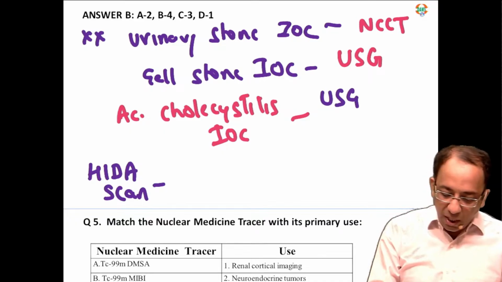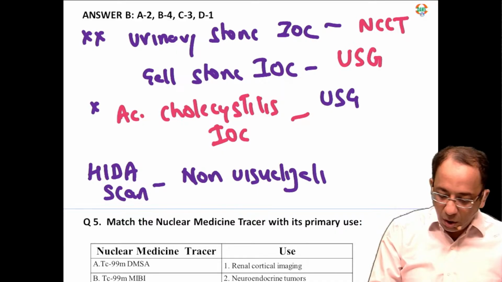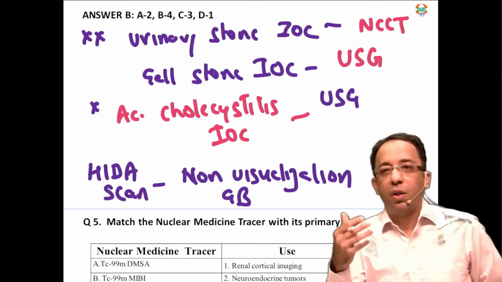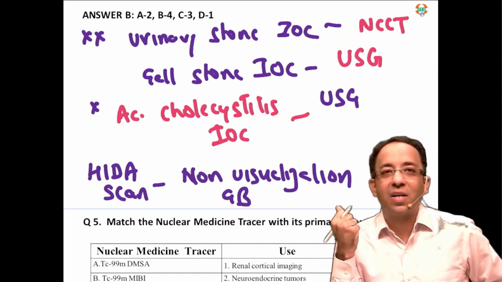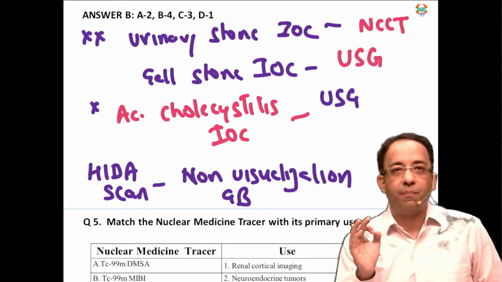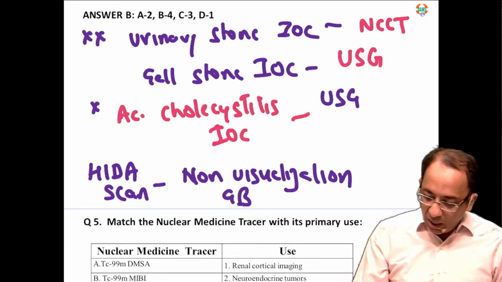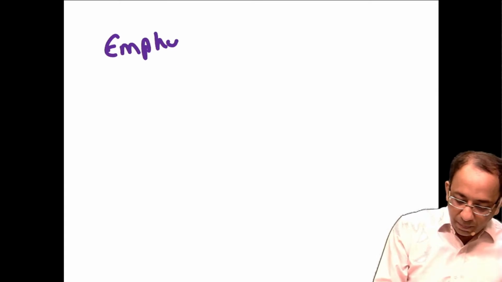On HIDA scan in acute cholecystitis, you will see non-visualization of the gallbladder. It is paradoxical. The gallbladder is swollen, but it is not visualized. Keep it in mind. Very likely question in the exam. Also remember, in the INICET paper, they love to ask things which have air in it.